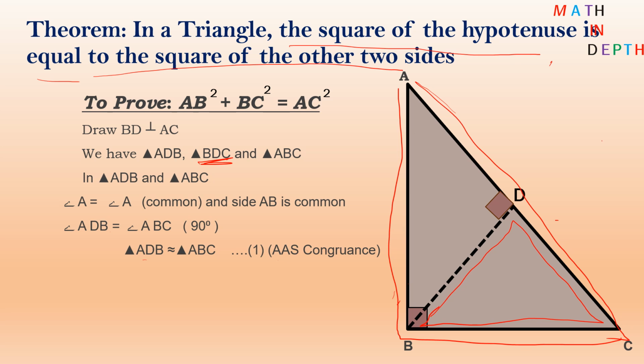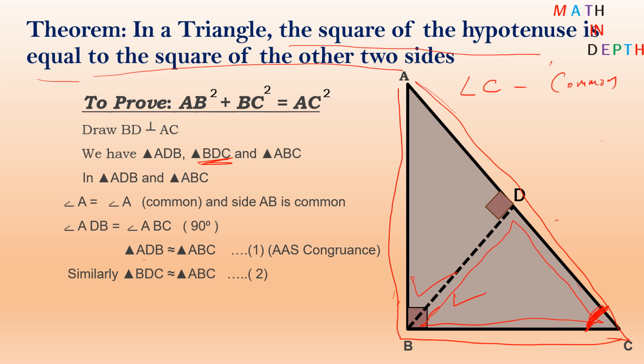Now we will take these two triangles, and again we will try to prove these two triangles are similar. In this triangle and this bigger triangle, you notice that this angle C is common in both the triangles. So here angle C is common.